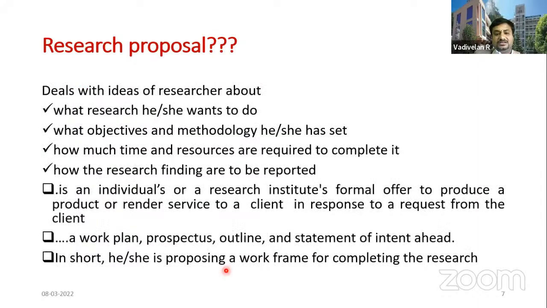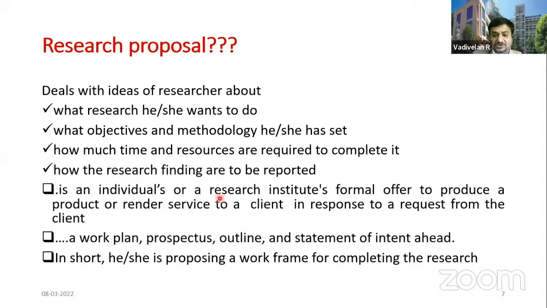So this research proposal may deal with ideas for a researcher about what research she wants to do. In simple terms, we say what objectives and methodology she has to set, how much time and resources are required to complete it, and how the research findings are to be reported. So all this is dealt with by the researcher, the scientist, the PI who is involved.